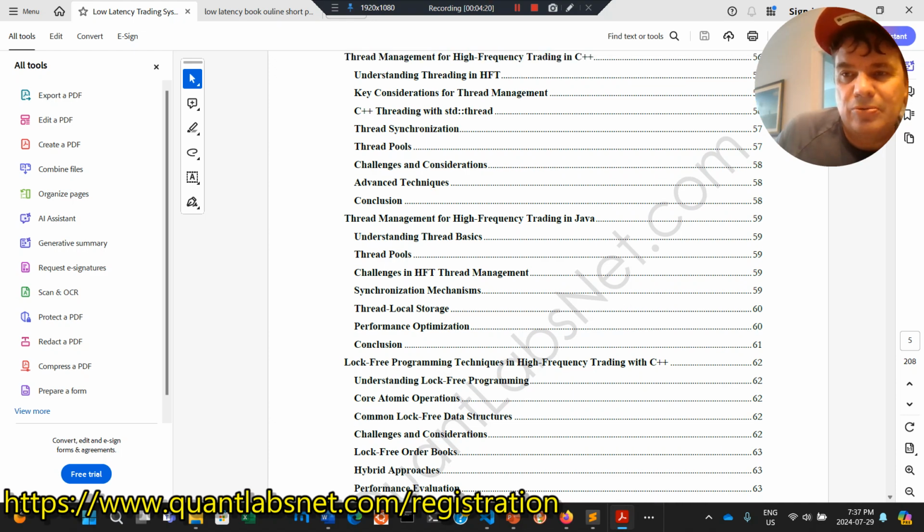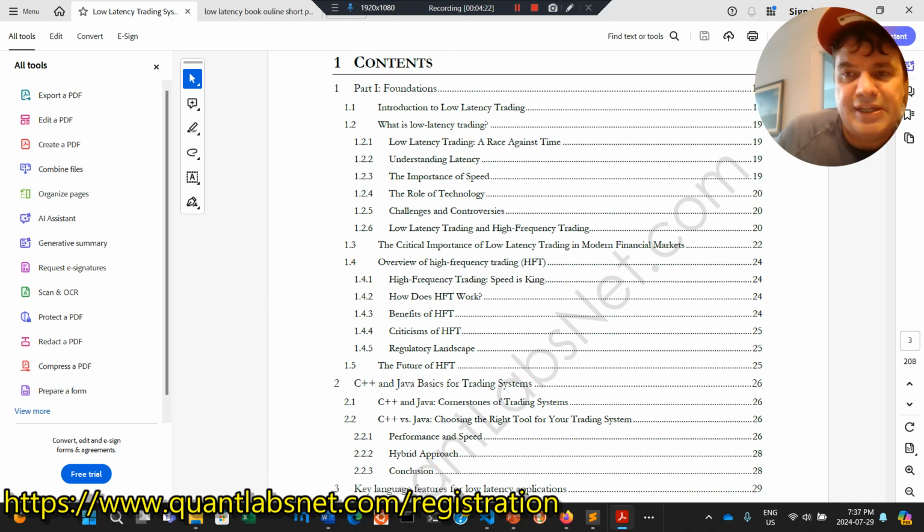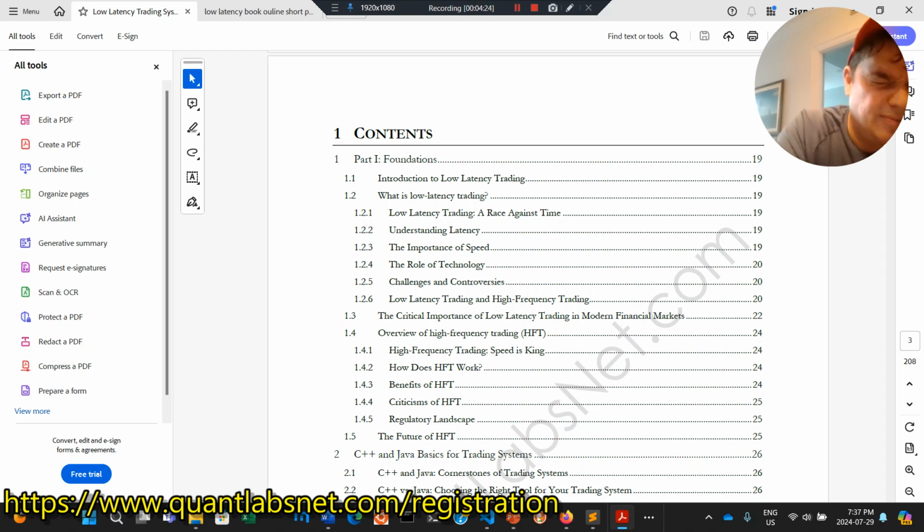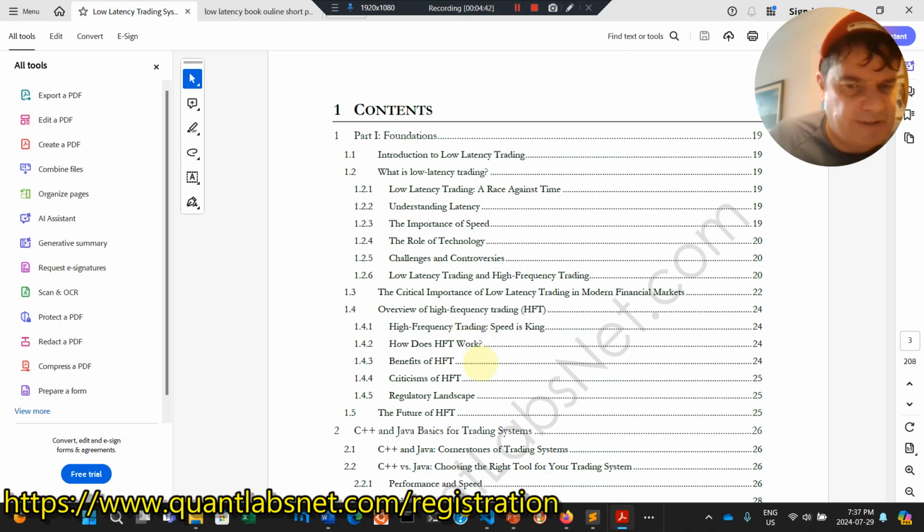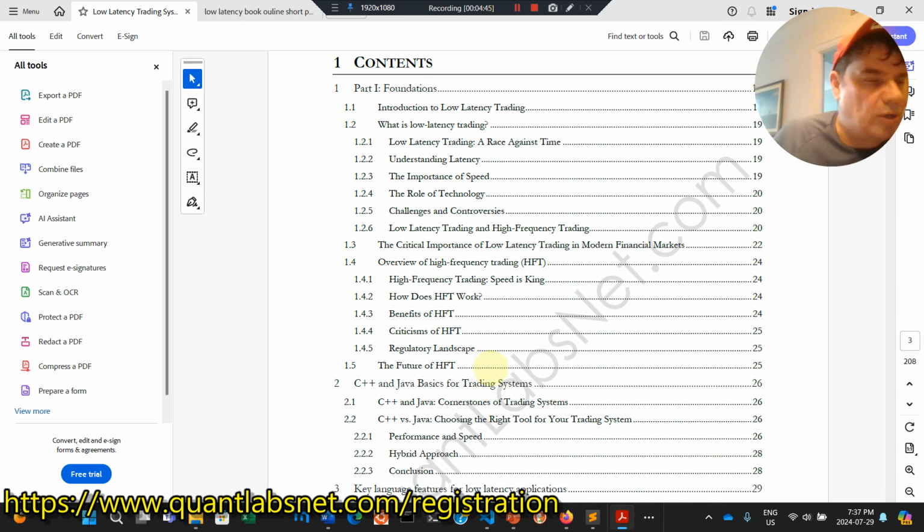So coming back to the free concept, let's see what it's about. It's about foundation, of course. What is low latency? Understanding latency, the importance of speed, and the role of technology, the critical aspects of low latency, and obviously focusing on the pros and cons of HFT, what it looks like.